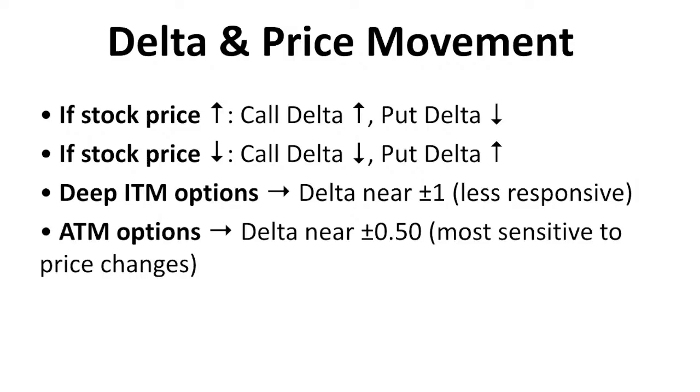At the money options will be trading at approximately 0.5 delta. So it's pretty sensitive to price change, because with a $1 move up it can be in the money, and suddenly out of the money when it moves down, if you buy a call.